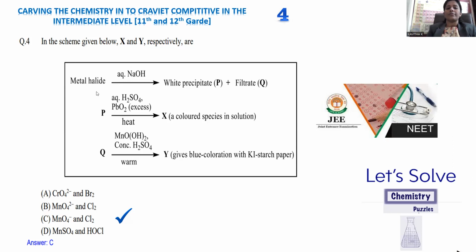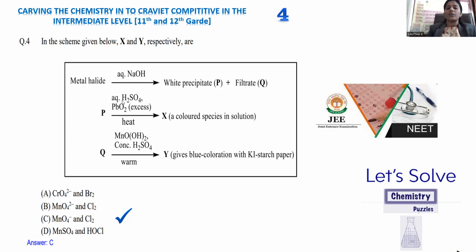Nothing is known here. The metal halide is unknown, the white precipitate is unknown, the filtrate is also unknown. Only the reagent name is given, right? So from the remaining steps, we will get the clue in order to find out what the entire series of reactions will be, right? So this white precipitate P is an unknown compound, as of now.